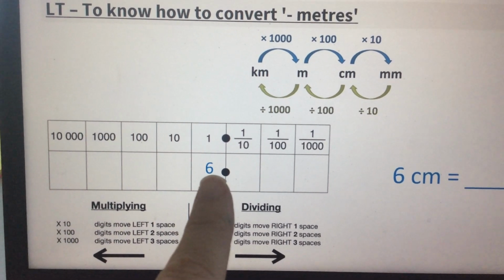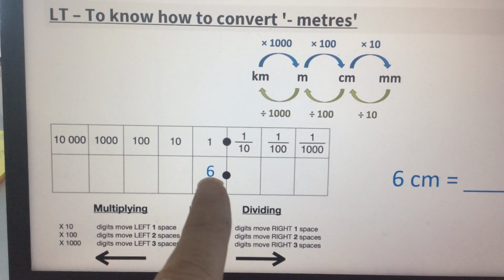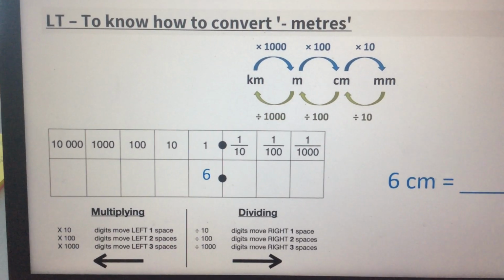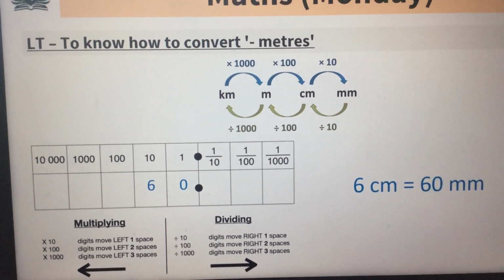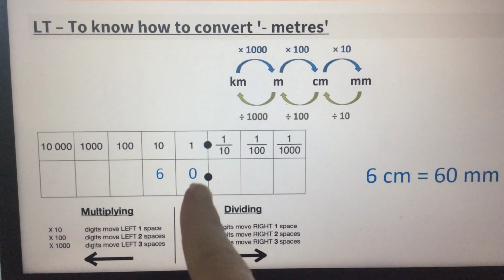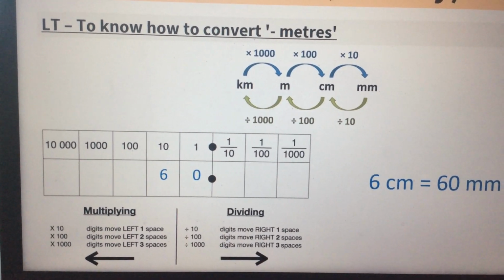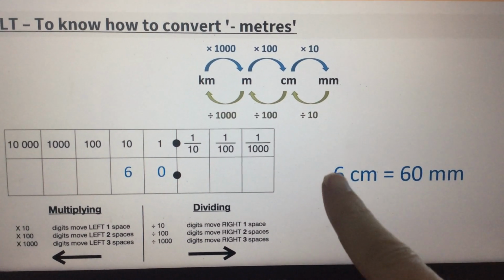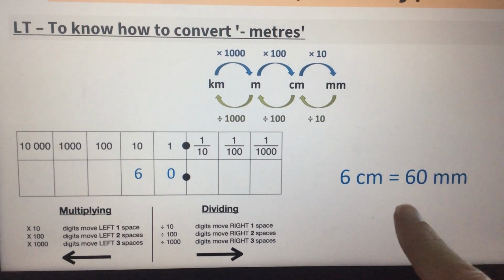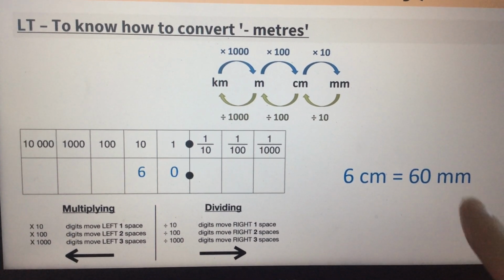So there's my 6 centimetres. I've got to move that digit 1 place to the left. There we go. And don't forget, if you've got any spaces before the decimal point, you need to fill it with a 0. It's a placeholder. So 6 centimetres equals 60 millimetres.